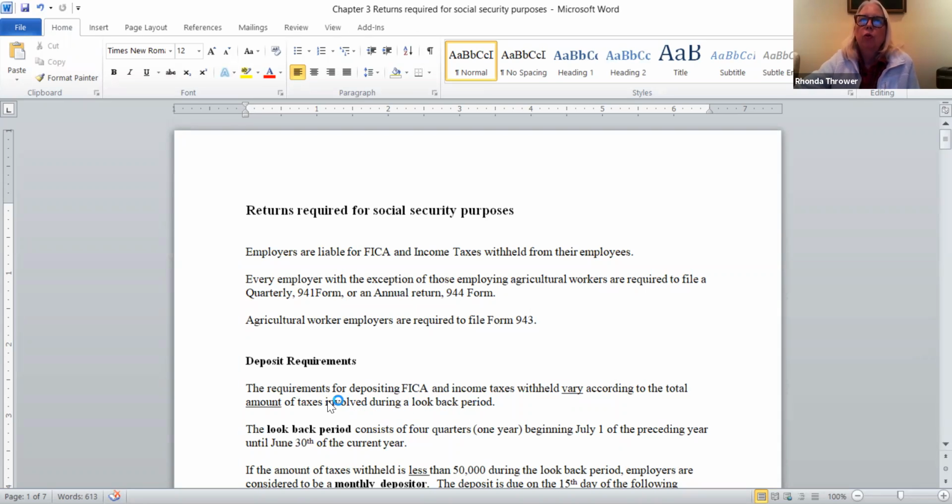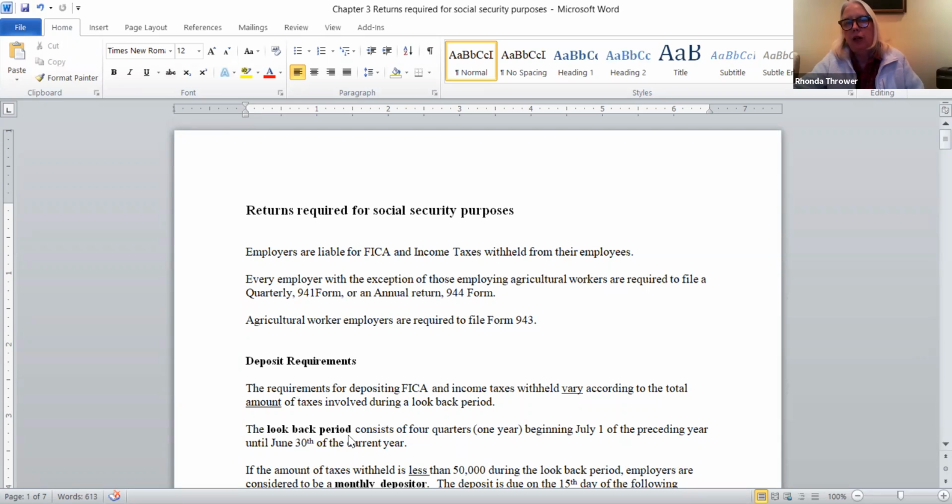So the requirements for depositing FICA taxes just depend on how much FICA taxes have been withheld during a look-back period before you'll know when you need to make deposits to the IRS of the taxes that you've withheld from your employees' paychecks and that you've contributed on behalf of the employee.